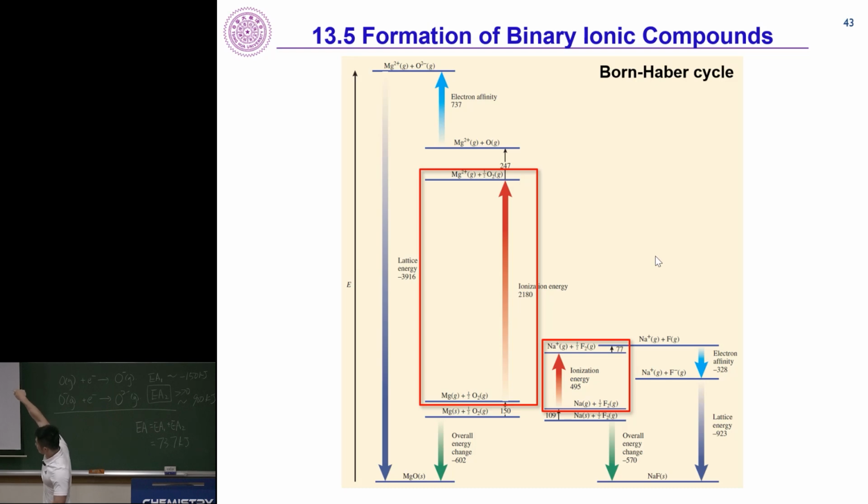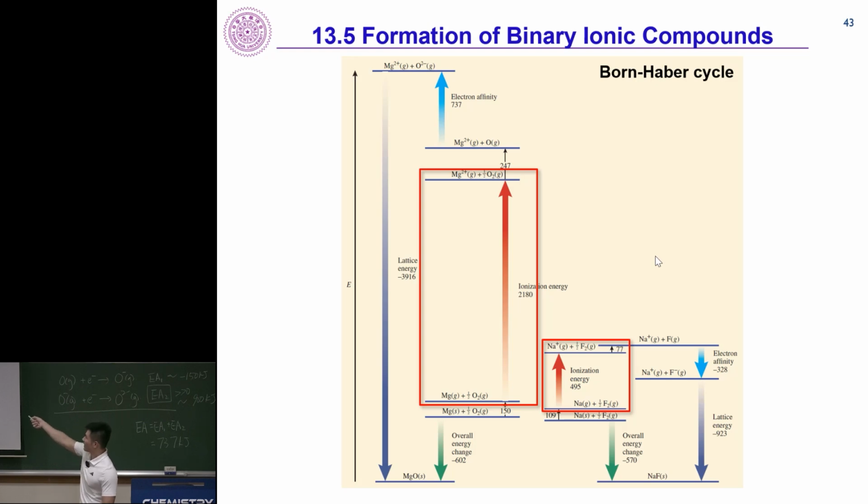And lastly, we have the huge lattice formation energy. Hence, lastly, we're going to get the overall energy change for magnesium oxide is minus 600 kilojoules, and for sodium fluoride it's minus 570 kilojoules. Right? So it's kind of funny that we have such huge lattice energy, 4 times that of sodium fluoride, but the final reaction energy is the same.